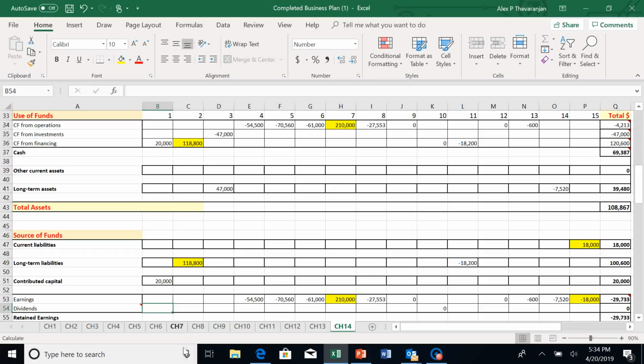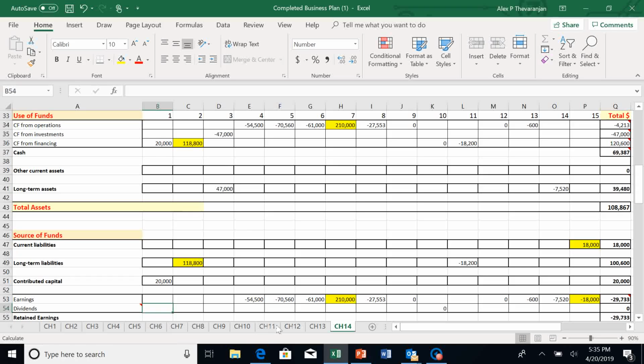And then when we borrowed money, a long-term liability increases, and cash increases, specifically cash flow from financing. Then when we purchased assets, you see long-term assets increase and cash decreases, but this is cash flow from investments. Then when we spent on startup expenses, that one we put under operations, but the other side is earnings come down.